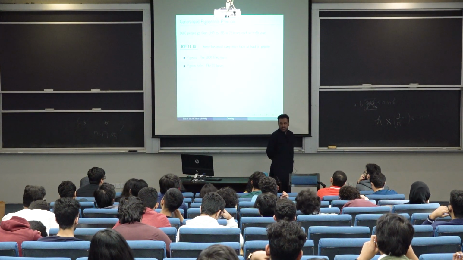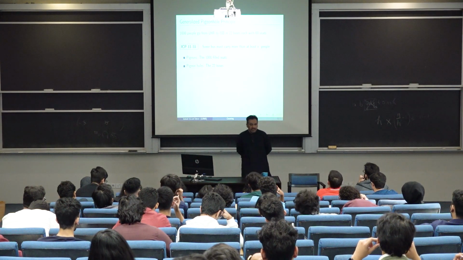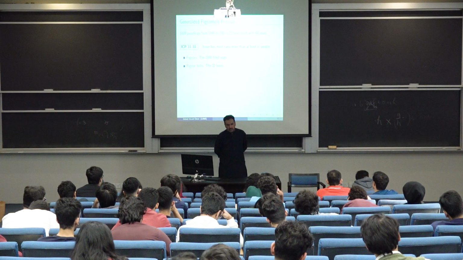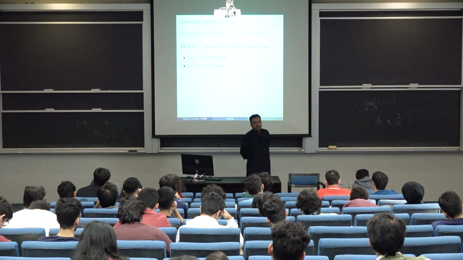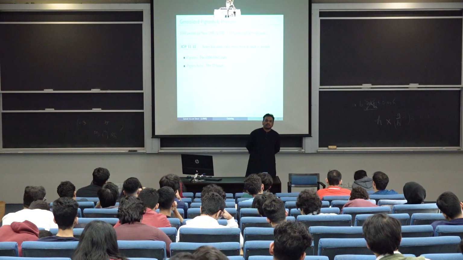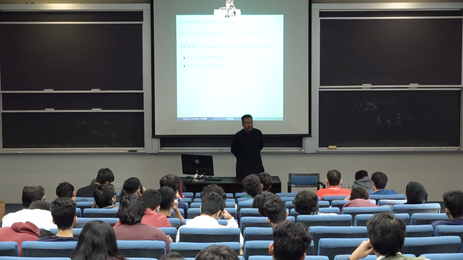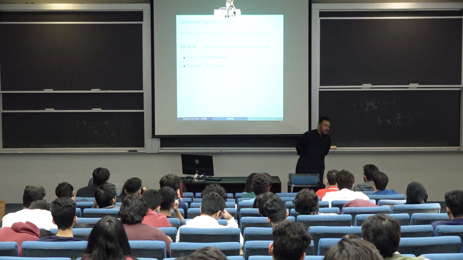How many seats are there total? There will be 1,000 people, right? How many buses? 22. So let's say 1,000 divided by 22 is about 50, right? What is 40 times 22? 880.